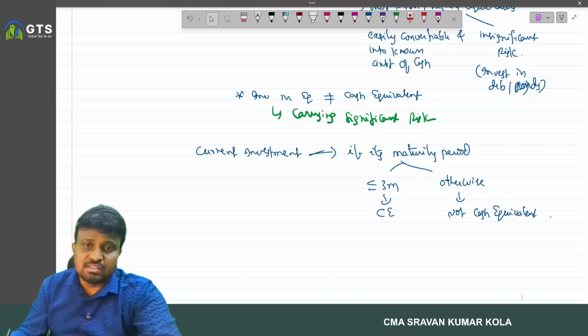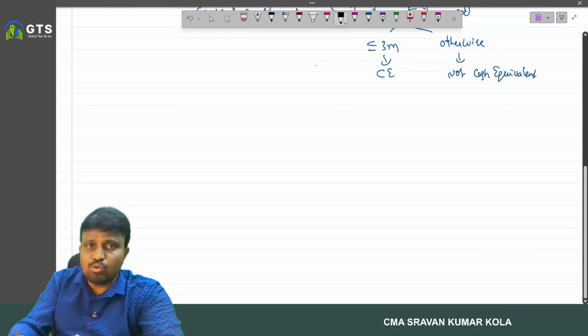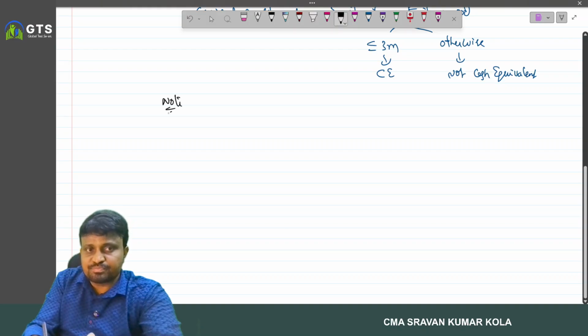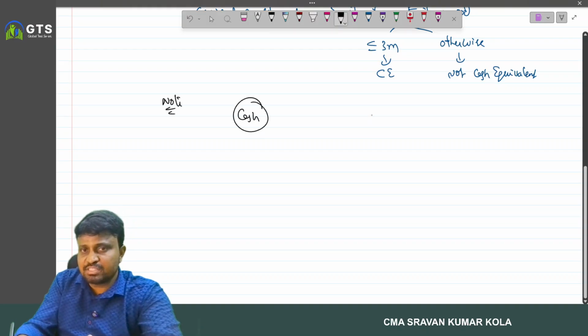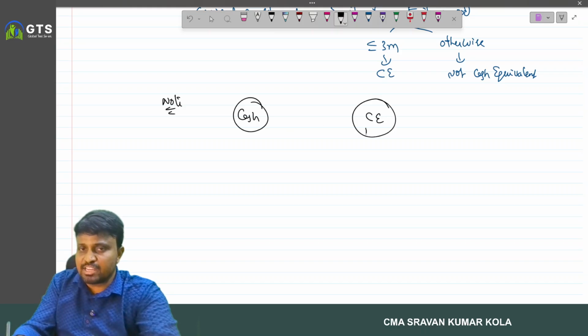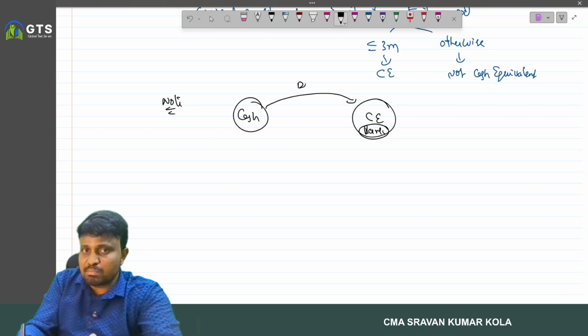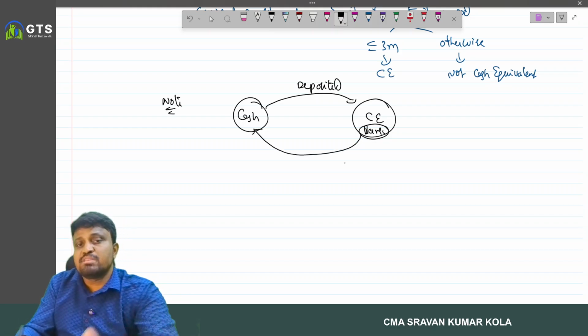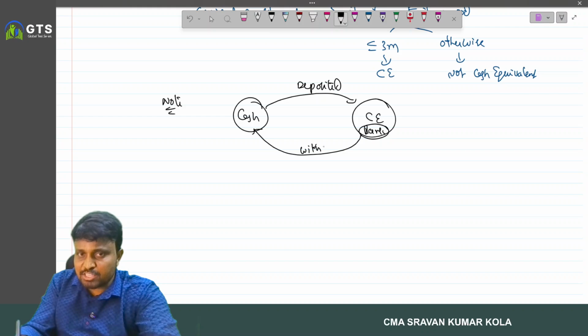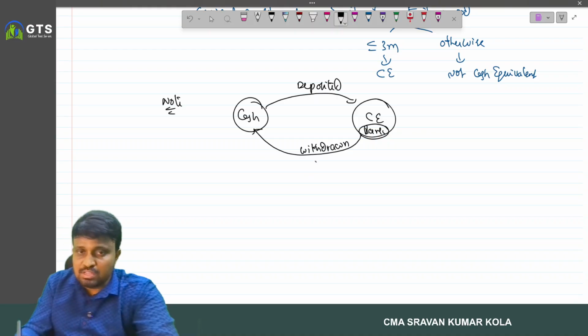For example, if any movement happens between cash and cash equivalent items, like cash deposited into the bank or amount withdrawn from the bank, shall we consider it as a cash flow?